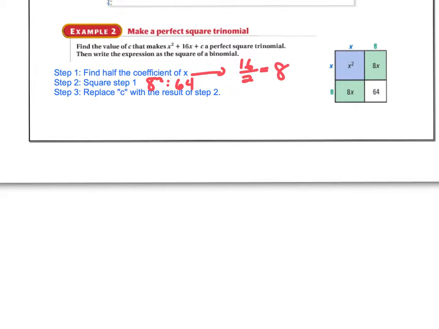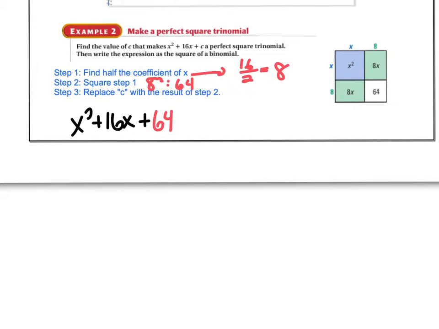And then it says to replace c in the expression above with the result of step 2, which was 64. So now my trinomial will read x squared plus 16x plus, and I'll color that 64 in red so you know that that is the number that we added in order to make it a perfect square trinomial.